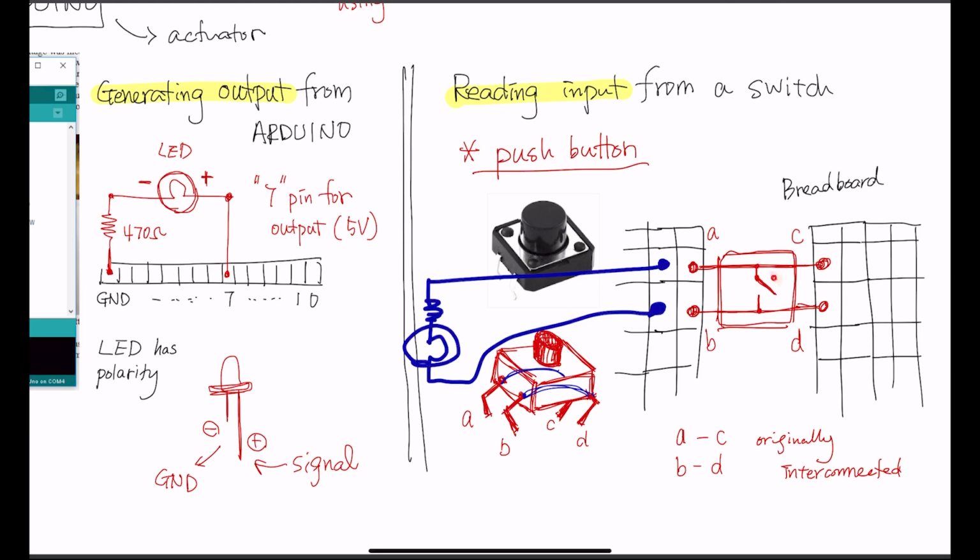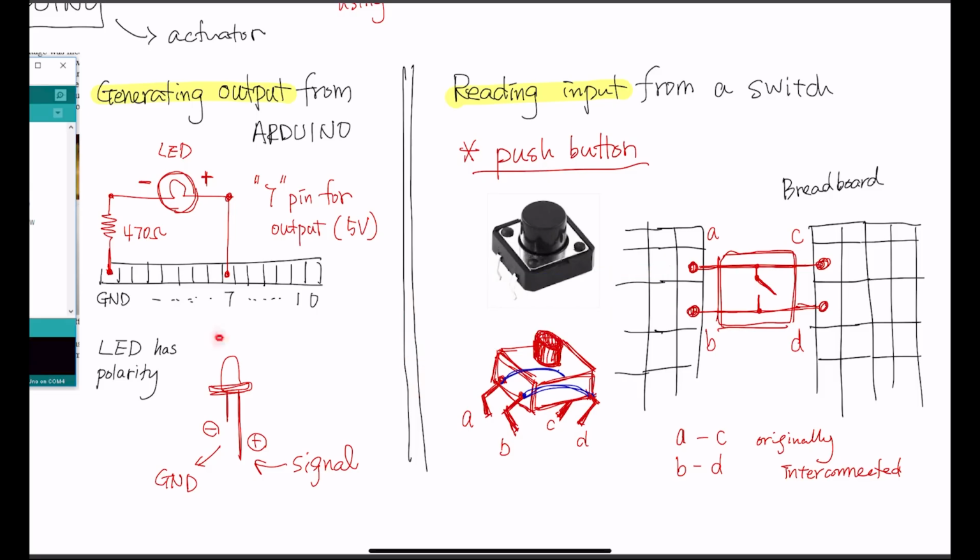If you have a configuration like this, you see that by pressing this down, this thing is interconnected, so the circuit is closed. But if you just leave it open, then they are disconnected. So your LED or whatever circuit is not going to be closed, it's going to be open.